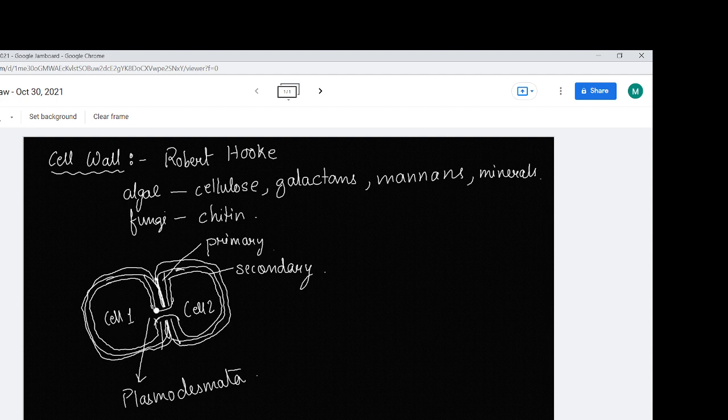And in many of the living cells, they will have plasmodesmata in between them. There can also be cytoplasmic strands. Then the function of this cell wall will be to provide protection and to provide a proper shape to the cell. Also, apart from that, transporting necessary substances into and out of the cell can take place through this.